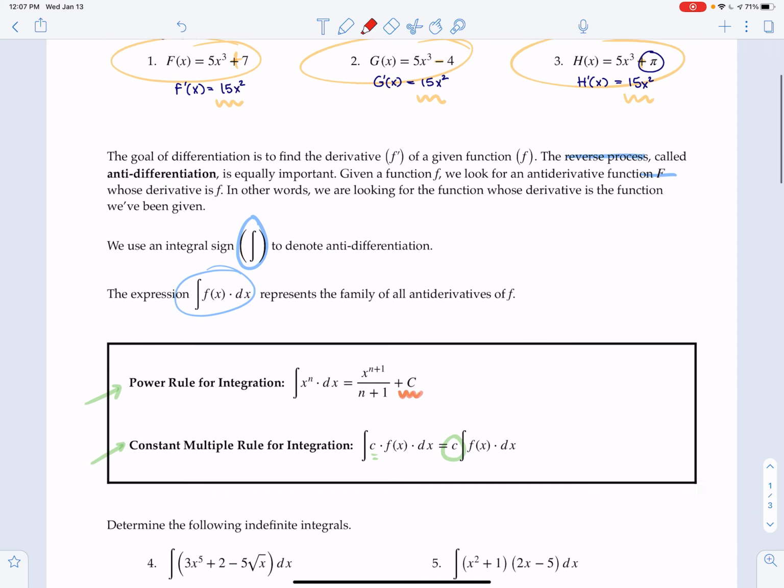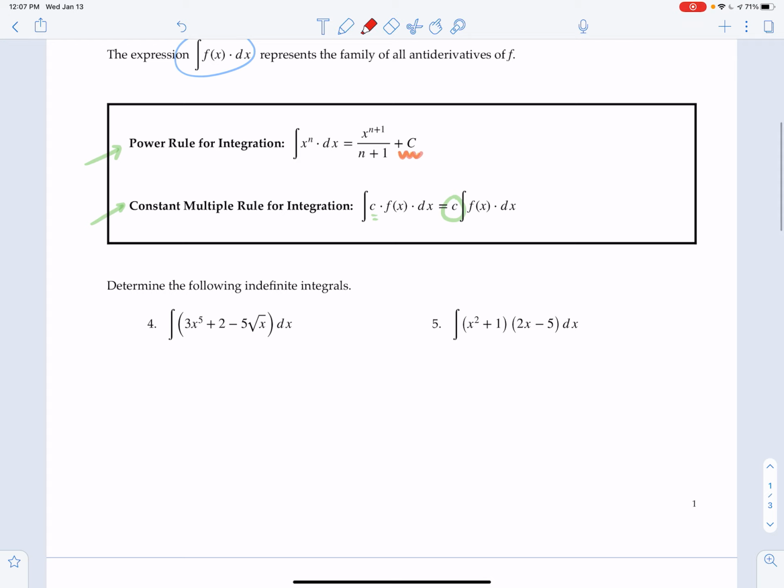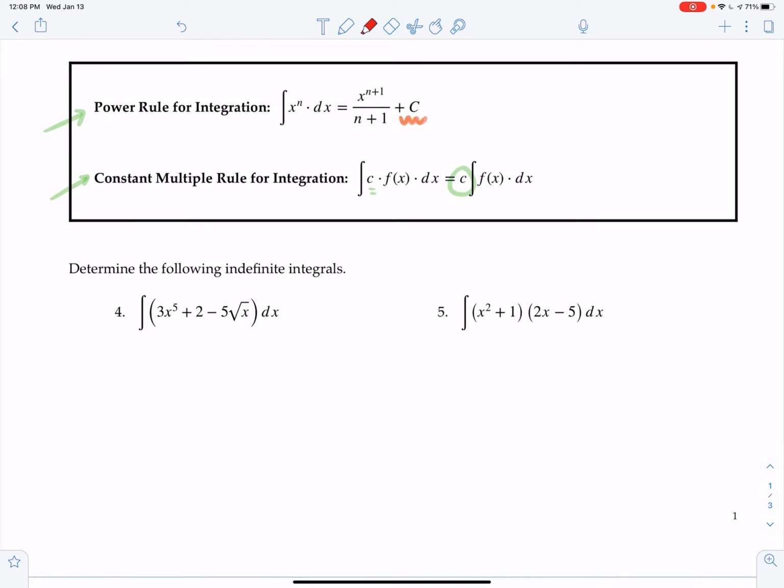So here we go. We have what might look like some complicated antiderivatives here, but we're going to make them as simple as possible. The first thing we're going to want to do, and we're going to focus on number 4 here, is to rewrite this in a way that makes sense for us. So I'm going to first deal with this square root, because we don't have a square root rule for integration.